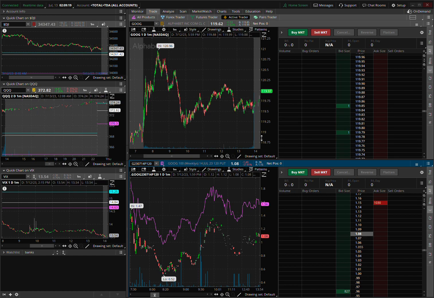So I can see the price range, the active movement of the price. This is essentially just showing me the movement of the price as it moves up based on the number of bids and asks.